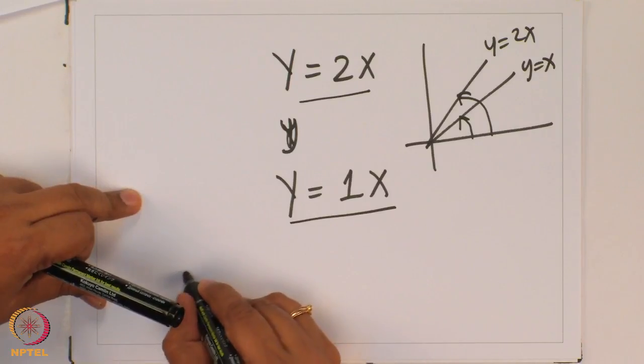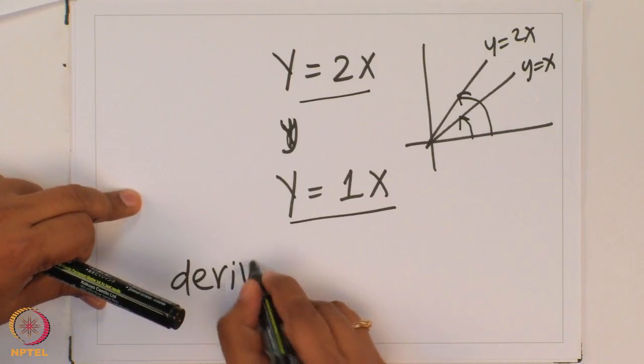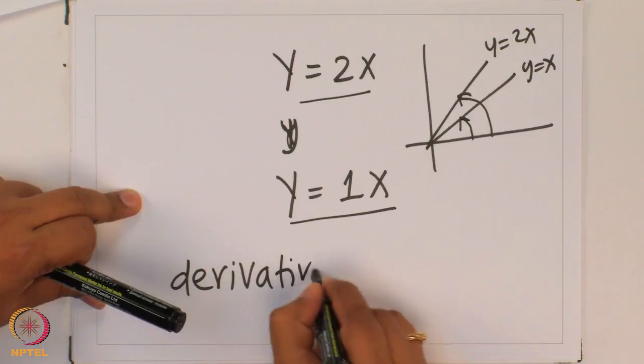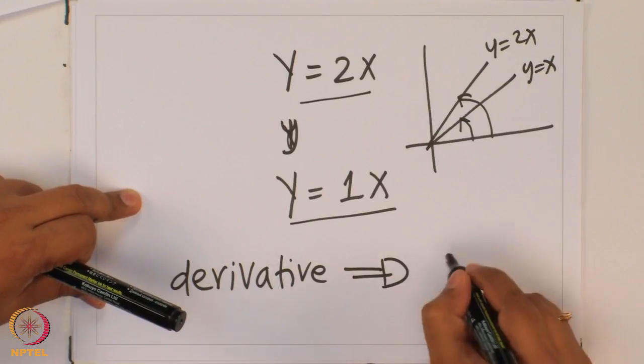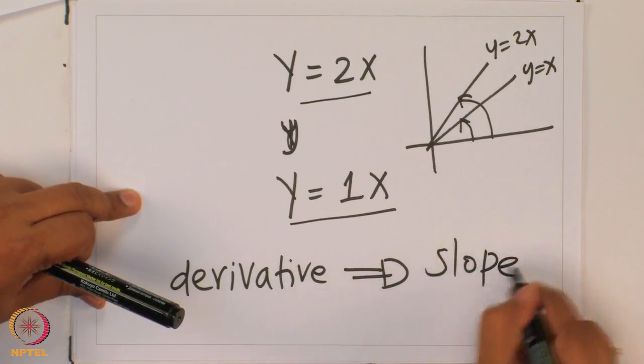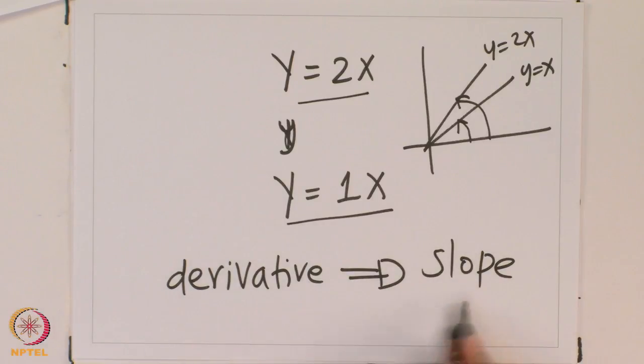When we say derivative, it is nothing but slope. Derivative is essentially slope, and calculating derivative is nothing but calculating slope.